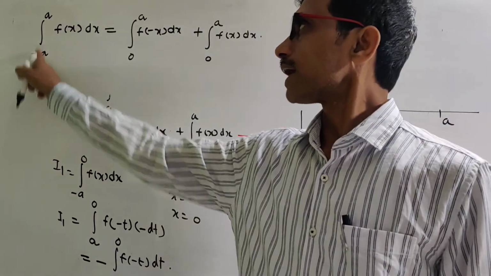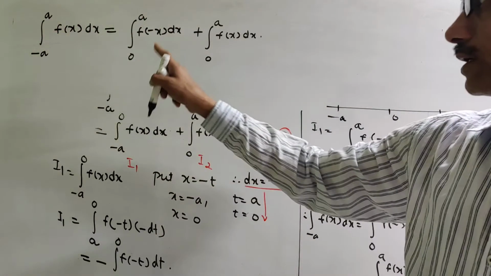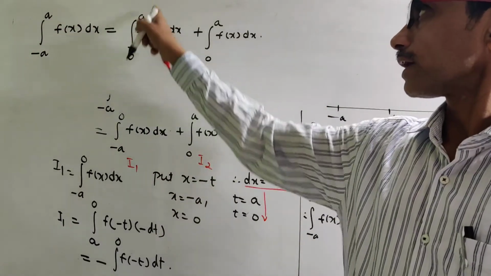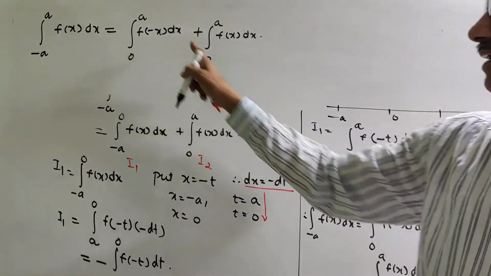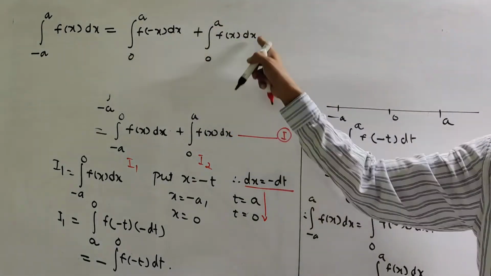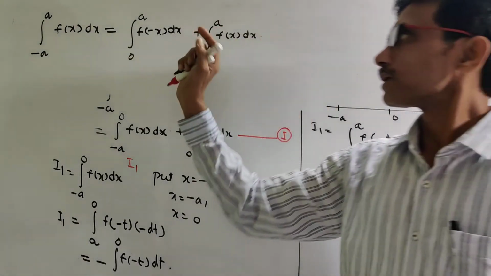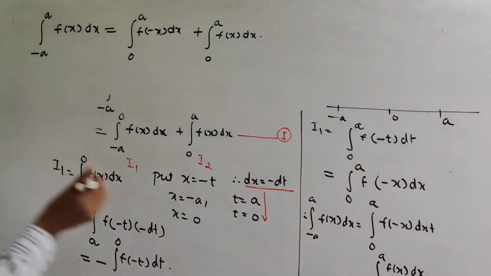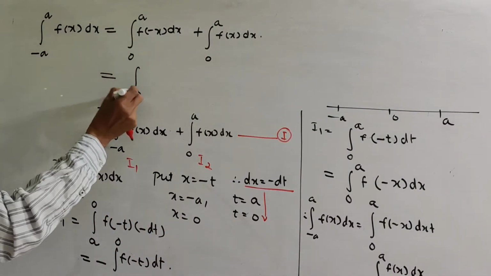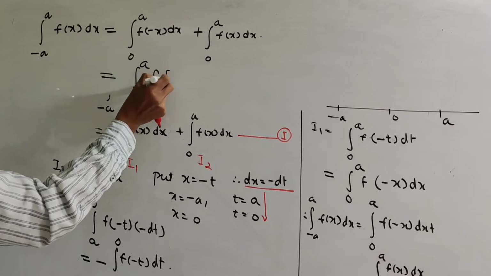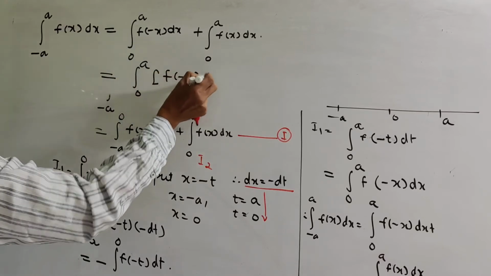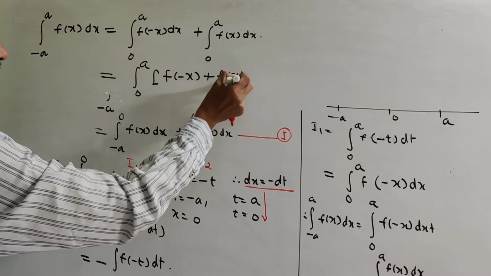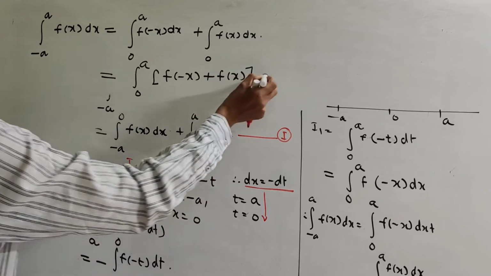So our integral minus a to plus a f x dx will be equal to integral 0 to a f of minus x dx plus integral 0 to a f x dx. Now further, we can write this as integral 0 to a of f of minus x plus f of x dx.